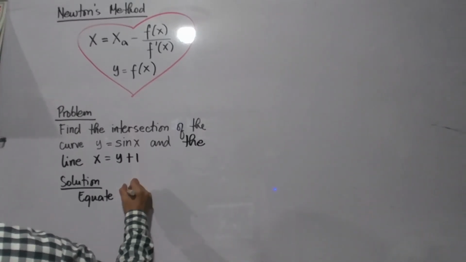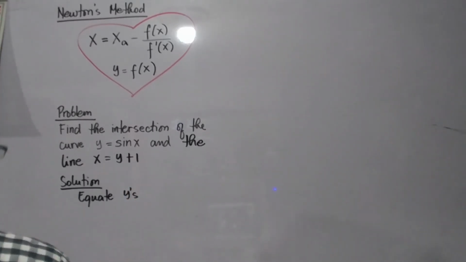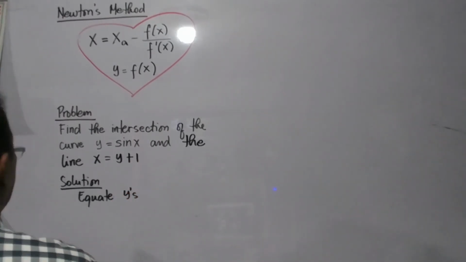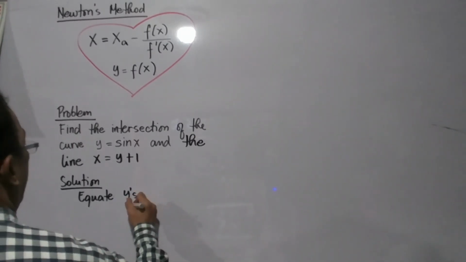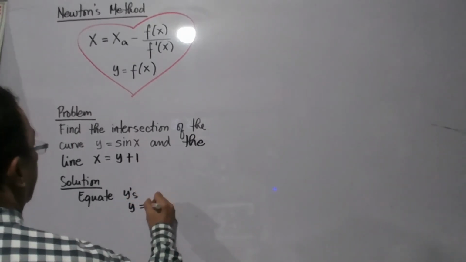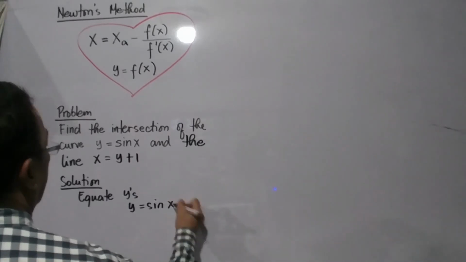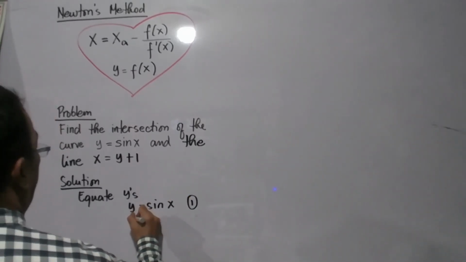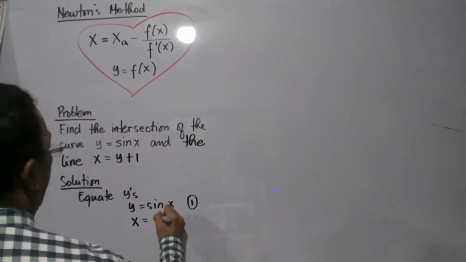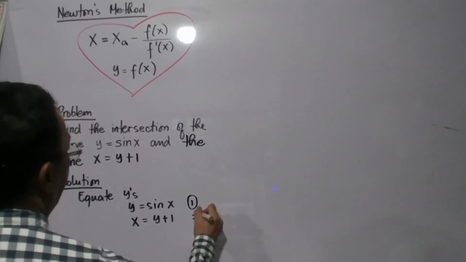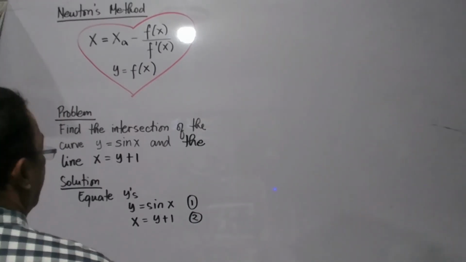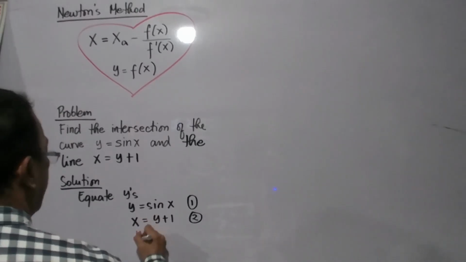First, you have to equate the y's. So, as you notice, your first equation is y equals sine x. This is your equation 1. And the other one is x equals y plus 1. This is your equation 2. You express the second equation in terms of y.